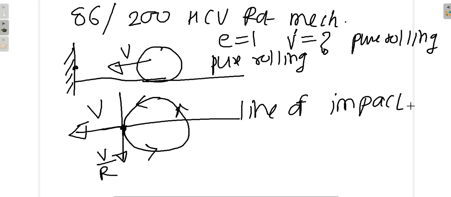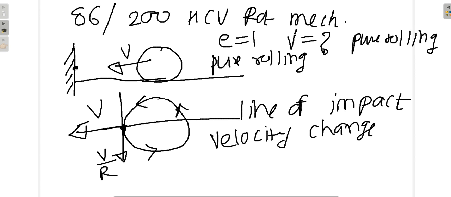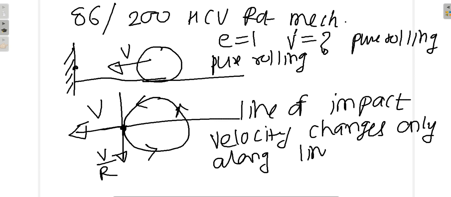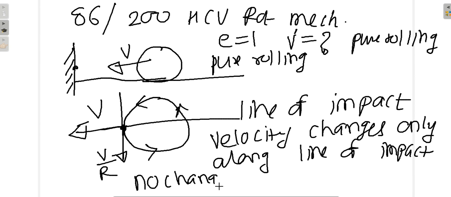An extremely important principle of collision is that the velocity changes occur only along the line of impact. You will learn this in engineering also. That is, there is no change in velocity along a line which is perpendicular to the line of impact.